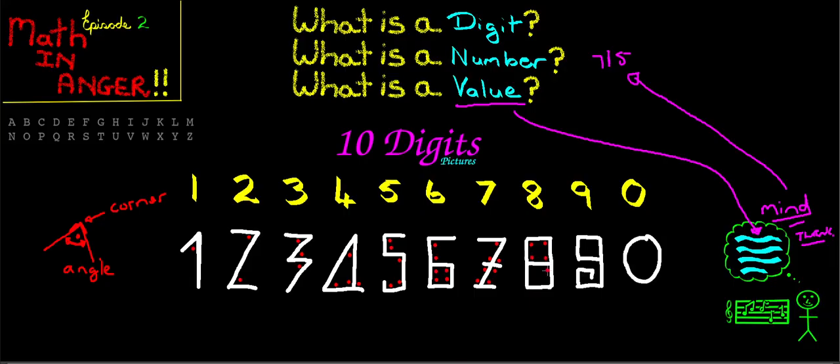Count the number of angles in each of these pictures. And how many angles do you have in a circle? Yeah, that's where these pictures come from, and that's what they mean.